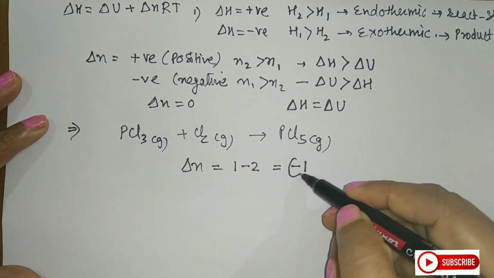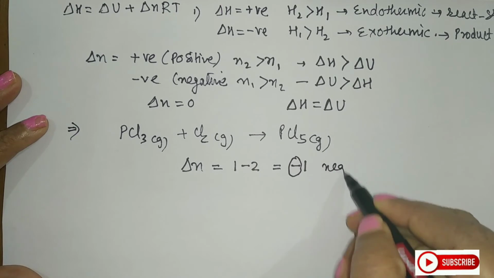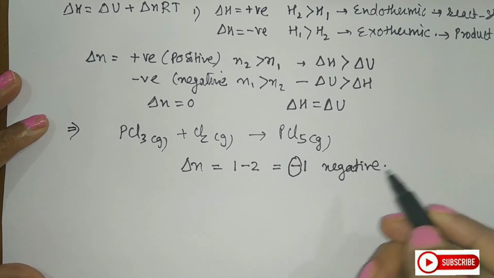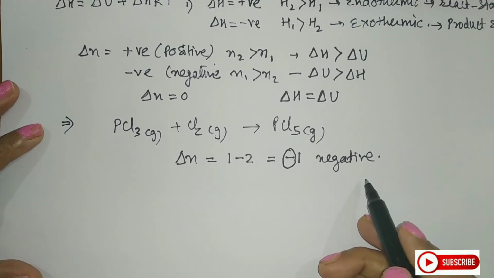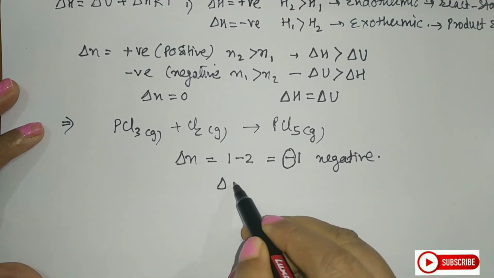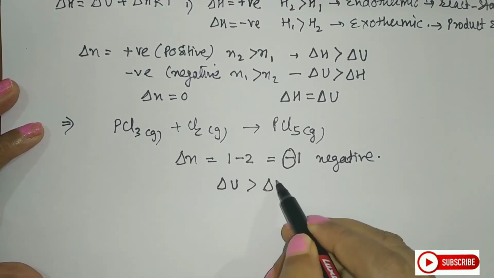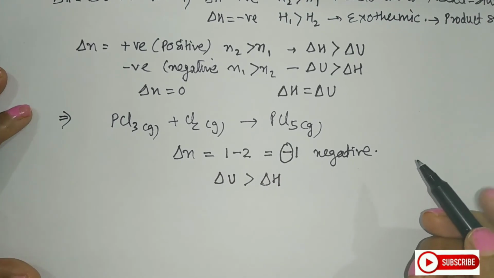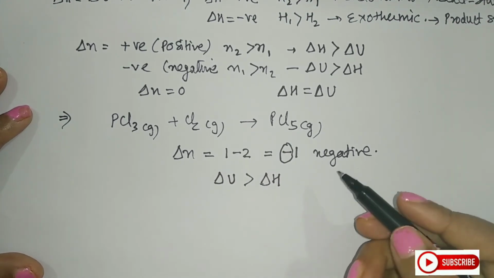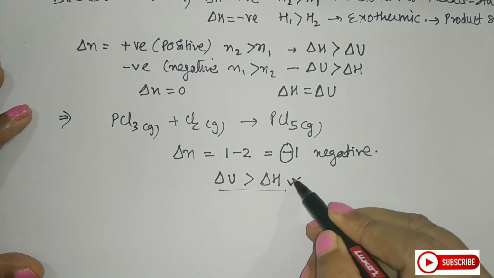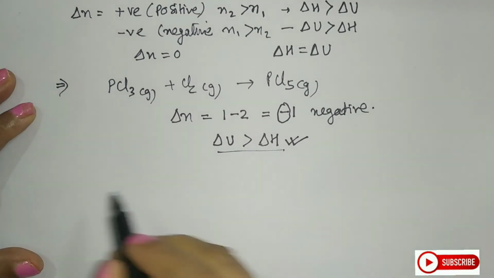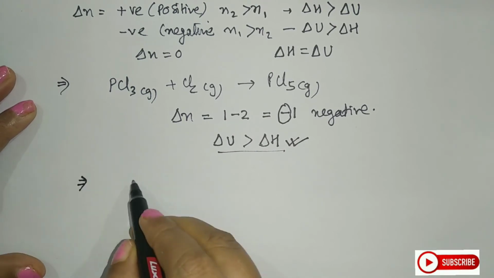As the value is negative, delta U must be greater than delta H. So if some values are given, you can compare accordingly and simplify the answer on the basis of this. Let us take one more example.